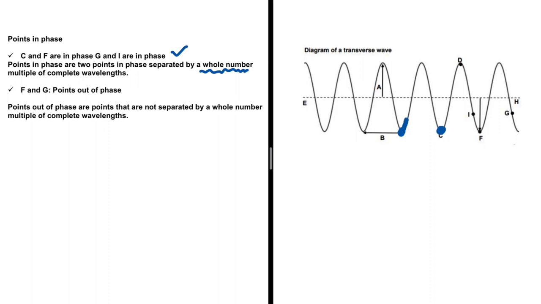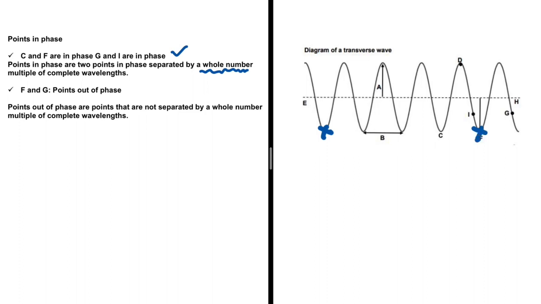There are people that think they're only in phase when they're close to each other like this and they form one complete wavelength. No, they can form 2 complete wavelengths and still be in phase because it is a whole number multiple. In fact, this point is in phase with this point.